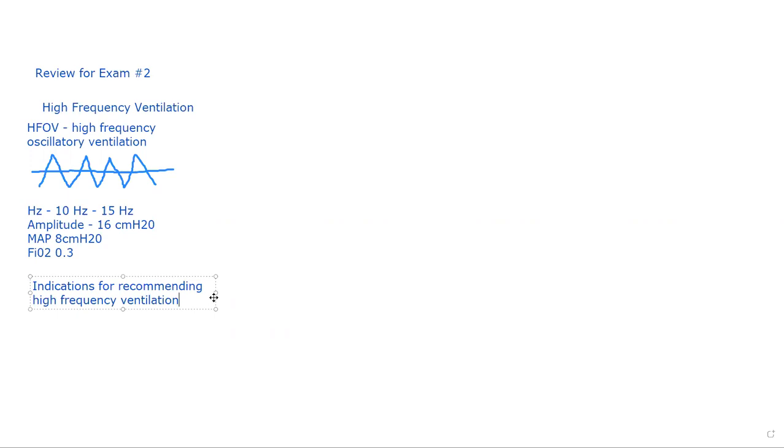Then it's best to switch the patient over to high frequency ventilation. And we watched a video on that with jet ventilation and how much better alveolar ventilation is when you have those small, tiny breaths being delivered to the lungs.